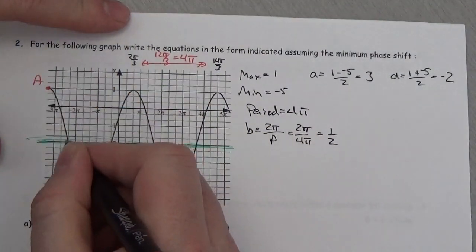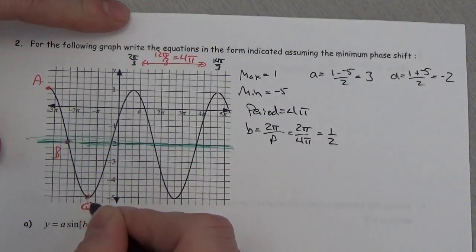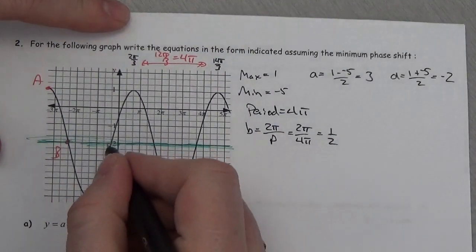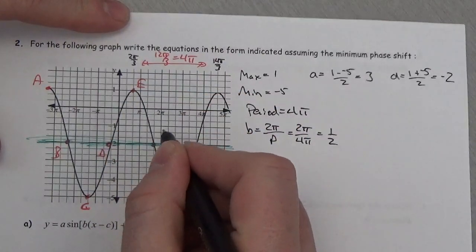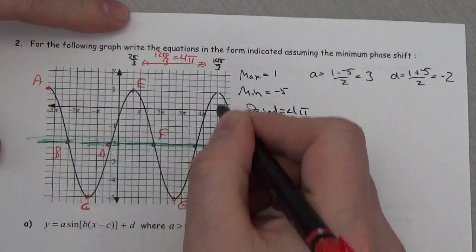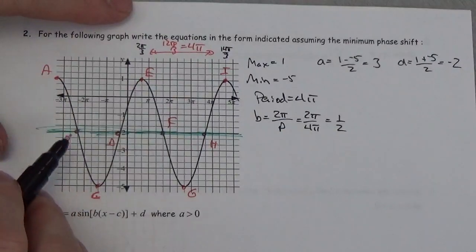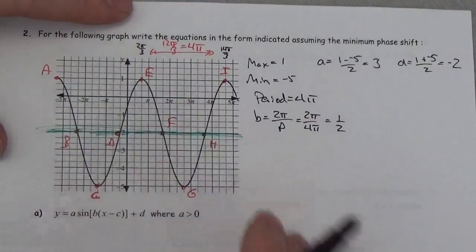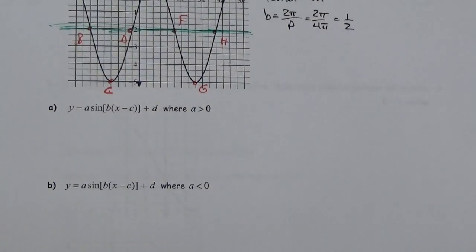I'm going to call that A, B, C. And what I'm doing is I'm going top, middle, bottom, middle, top, middle, bottom, middle, top. And I'm labeling it A, B, C, D, E, F, G, H, I. So now, the first equation that I want to get to is this sine.